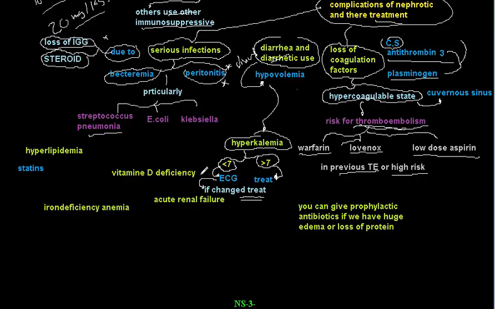Above 7, treat directly. Also, I told you in the previous video that when we lose proteins, the liver will try to compensate for the loss by producing proteins, and the byproduct of this mechanism is an increase in lipids like triglyceride, cholesterol, and so on.